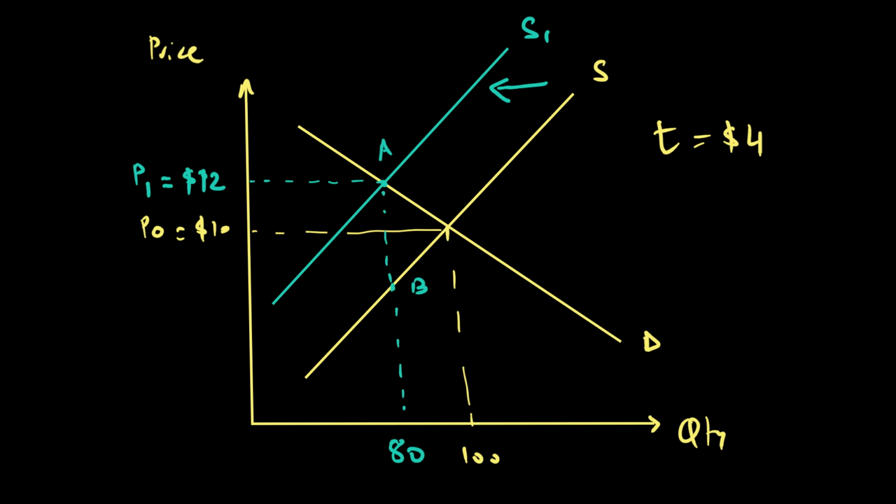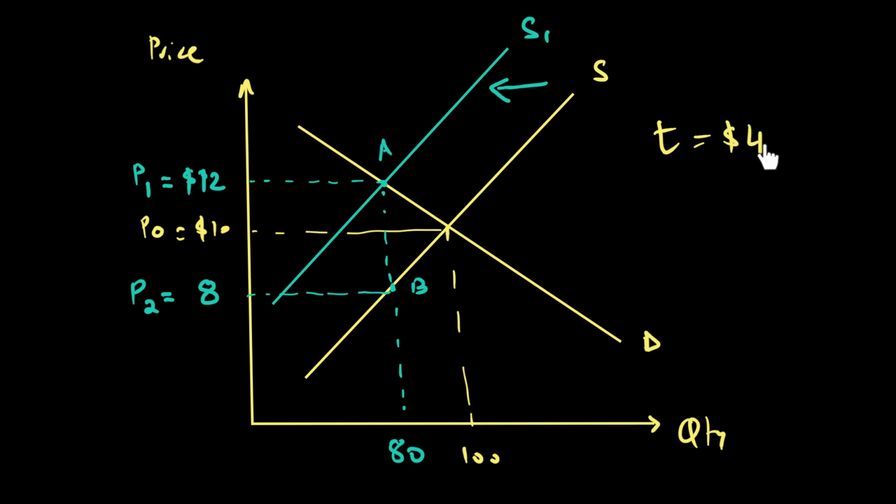How much is that going to be? Let's say the price is 12 and the tax amount is 4, so this vertical distance AB is 4, which means let's call P2 to be $8. So what is the price the consumer is paying? The consumer is paying the new equilibrium price, which is 12.